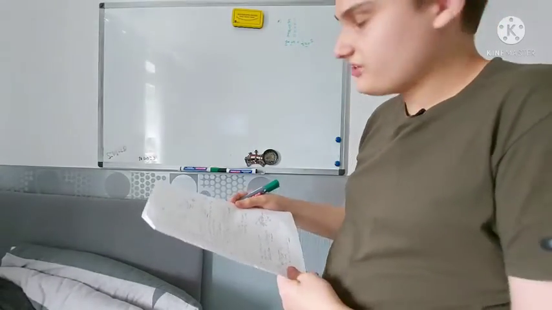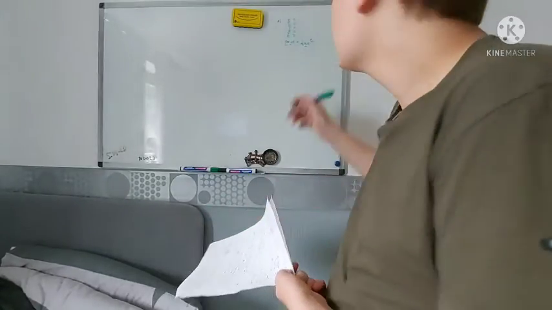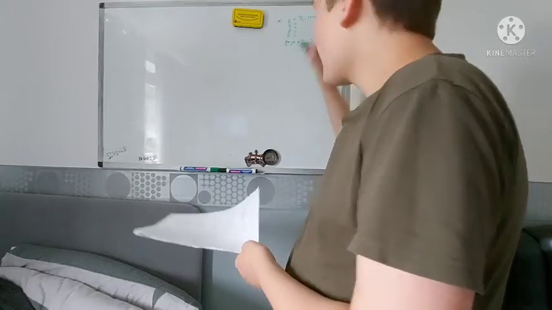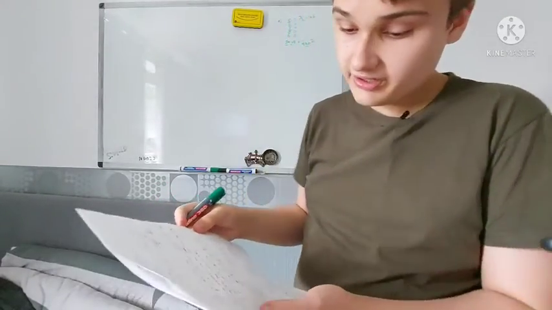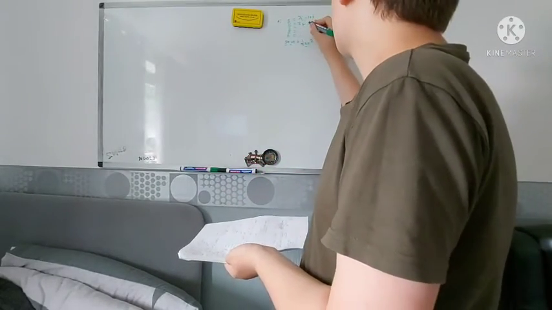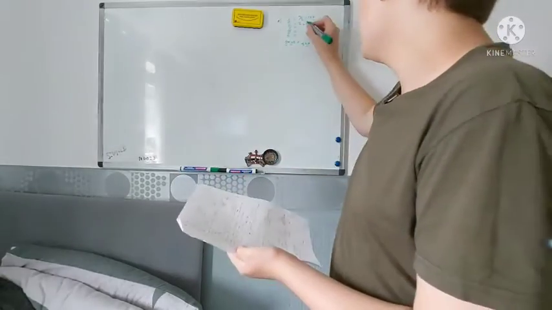So, let's find the value of s. Now, s is the 7i minus 10j in the question. Now, we don't have a u. In fact, no, we do have a u. Sorry, we do have a u. That's the 2i minus 3j.